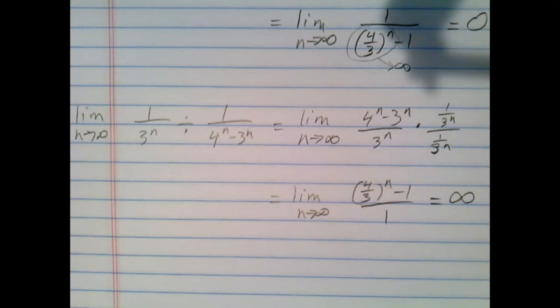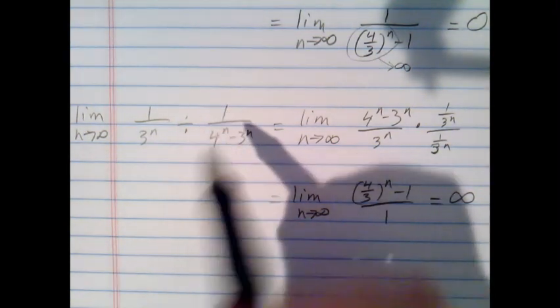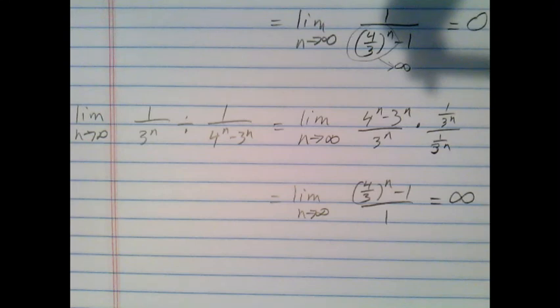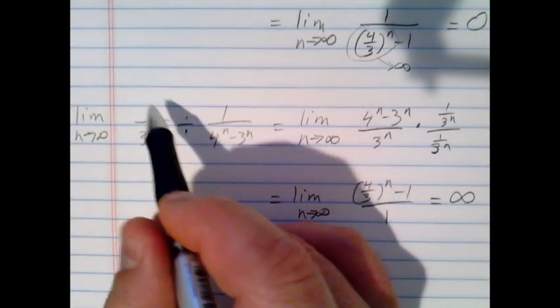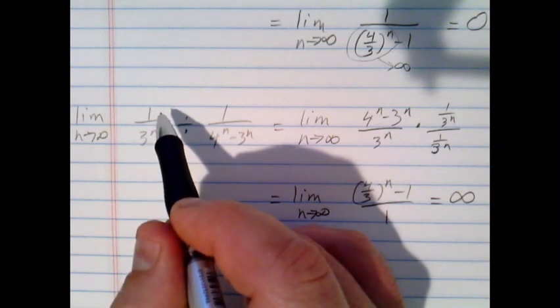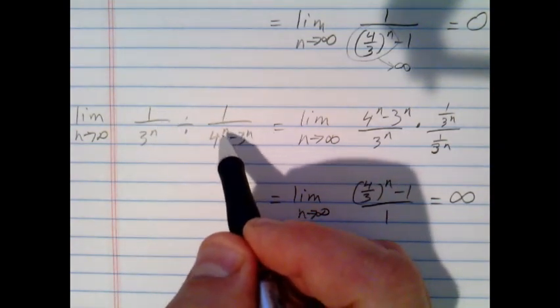So that could be used to show divergence. But in this case, it's not really telling me anything. But I'll tell you one thing that you can get as a takeaway from this: you should always put the series whose convergence or divergence is known on the bottom.